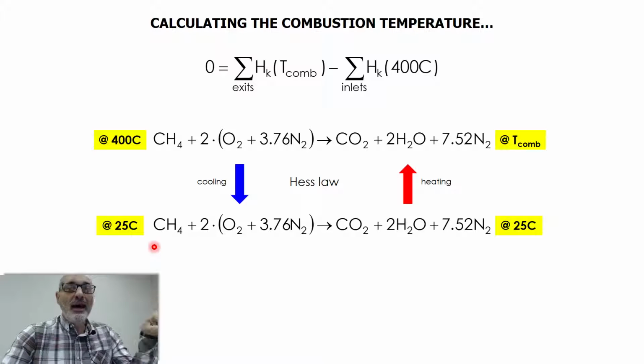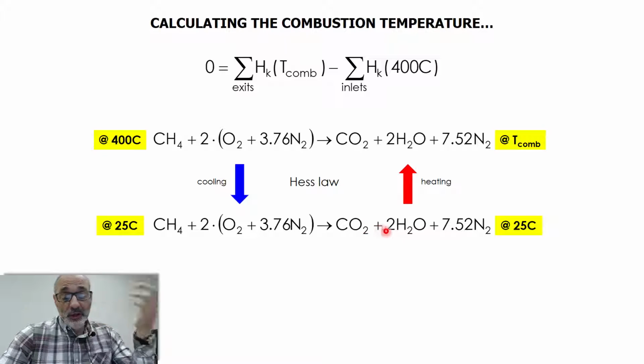Then you allow the reaction to take place. So CH4 is reacting with O2. You have CO2 and H2O. You also have a release of heat. And you also have nitrogen. Now, this nitrogen, 7.52, is actually 2 times 3.76. I'm assuming that N2 is not reacting, and we do this inside a calorimeter.